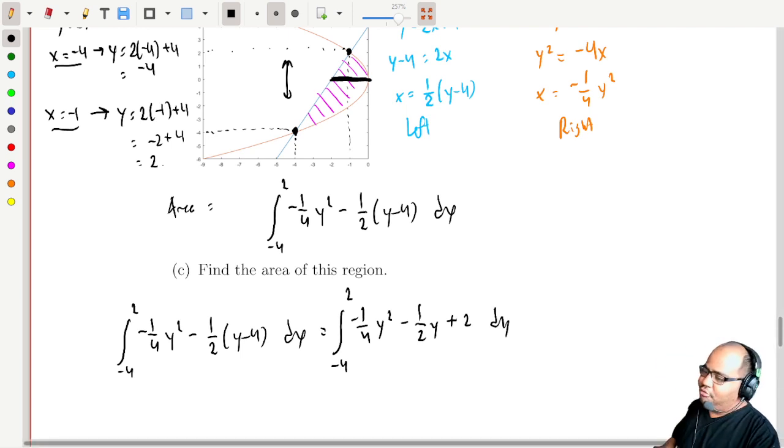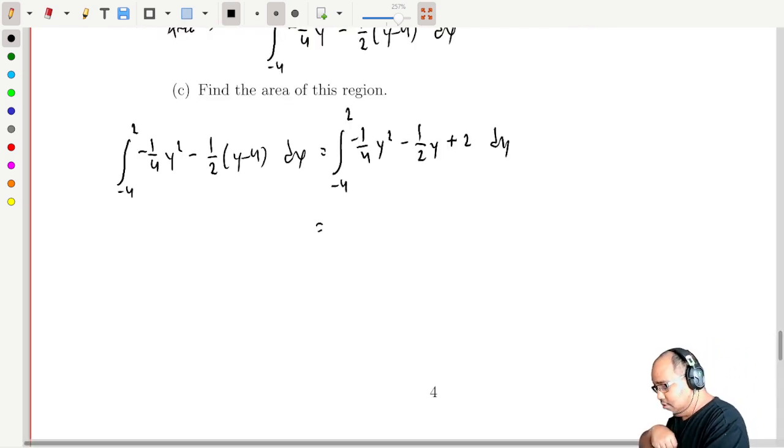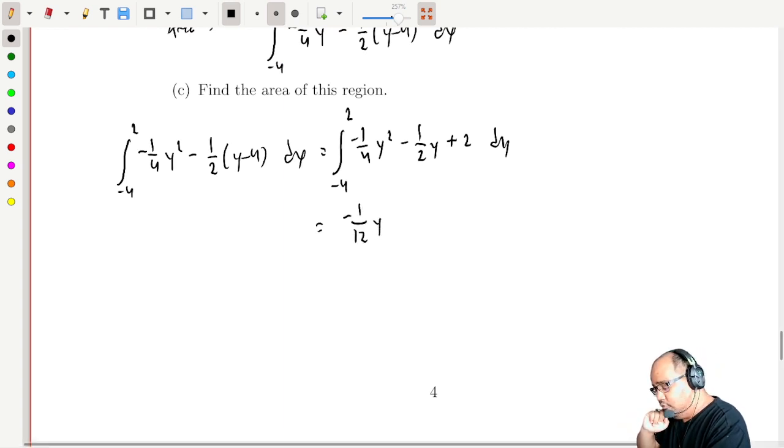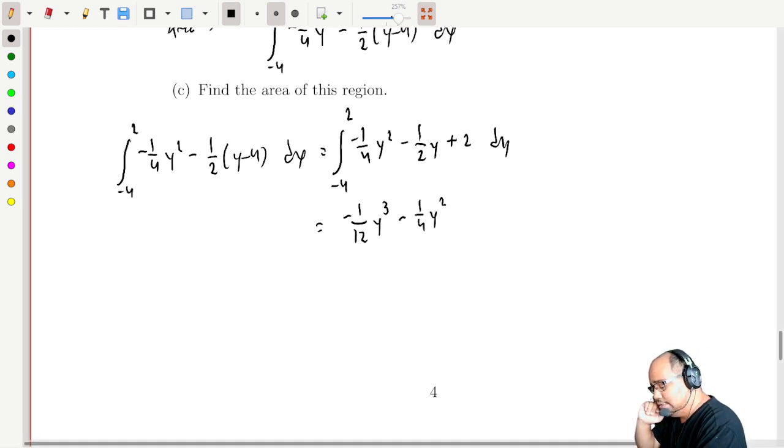And now it's just the power rule again. So -1/4 y cubed over 3, we can write that as -1/12 y cubed. And then minus an antiderivative of 1/2 y, that's y squared over 4. We'll write it like this. And the antiderivative of 2 is 2y.